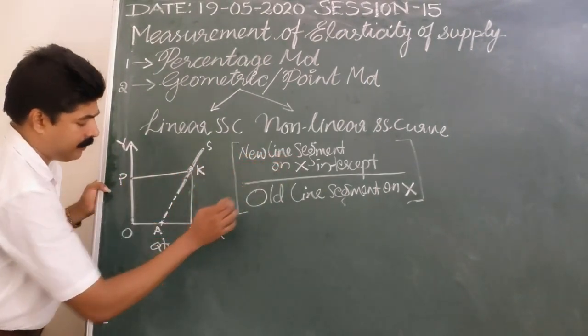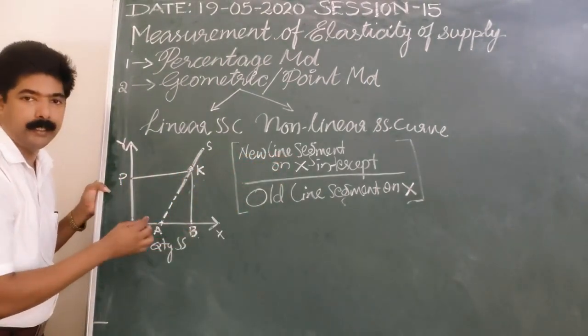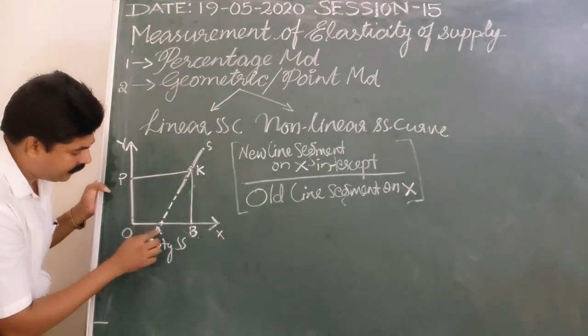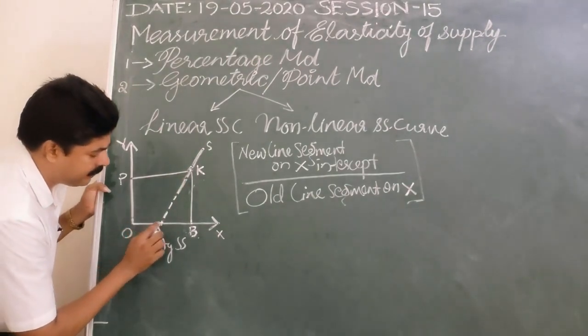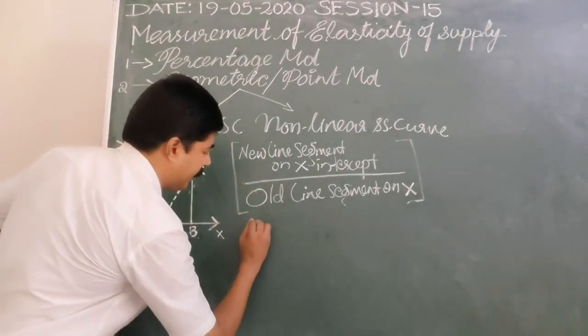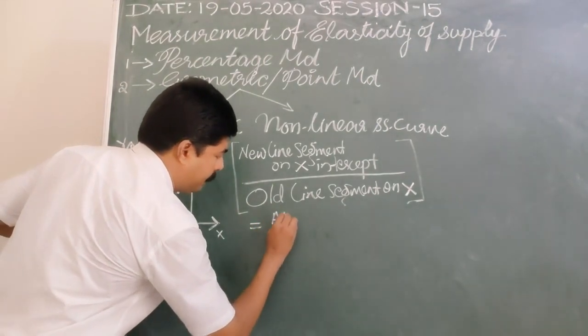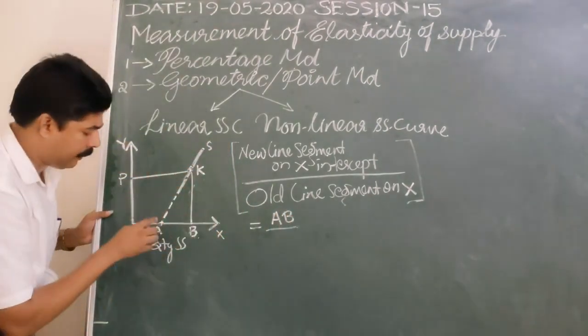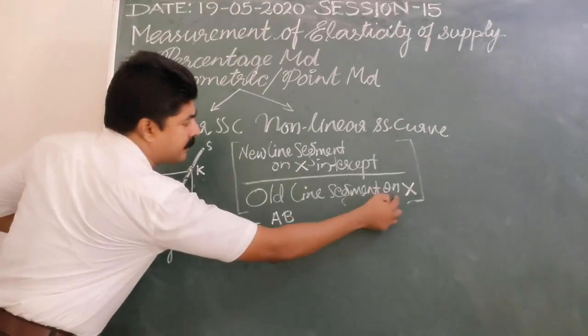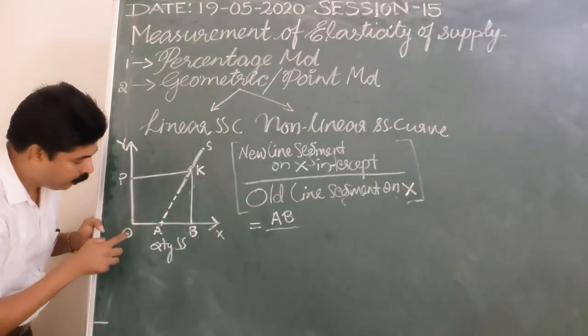Now, new line segment means we need to write here, the new line segment is AB, so we write AB upon the old line segment. What is the old line segment? OB.